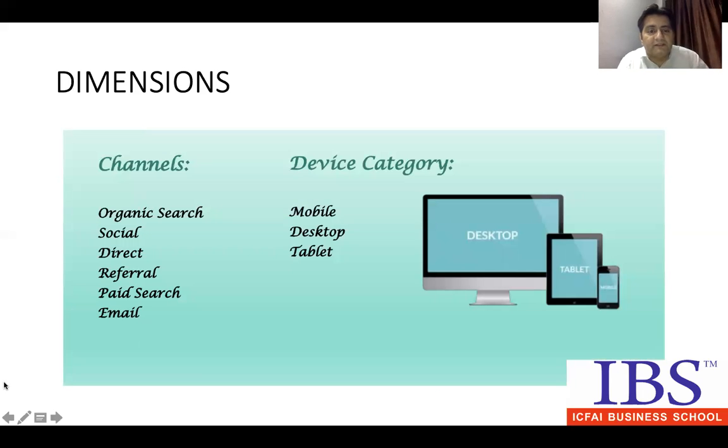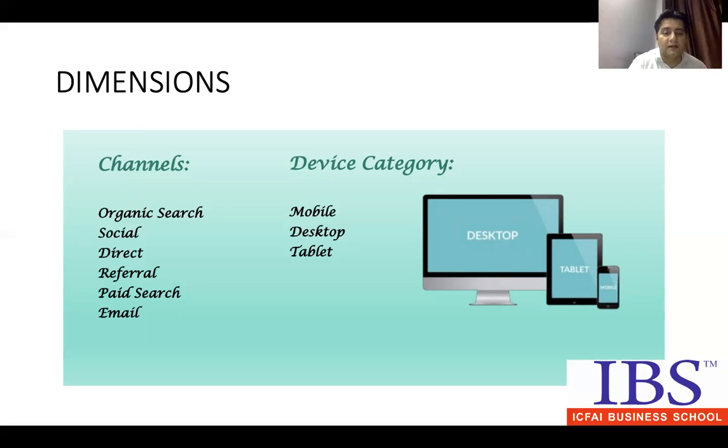In terms of dimensions, there are various dimensions, as I said in the last slide as well. If it is organic search, that means SEO, search engine optimization, the site itself comes on the first page of Google or maybe the second page, and a person clicks it. Then social, from Facebook, LinkedIn, Twitter, or other social media channels. Then direct, where people just type the name of the site.